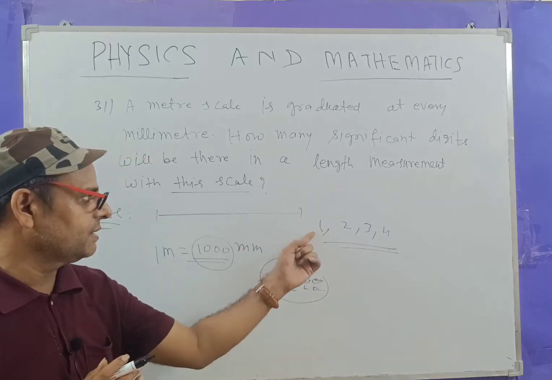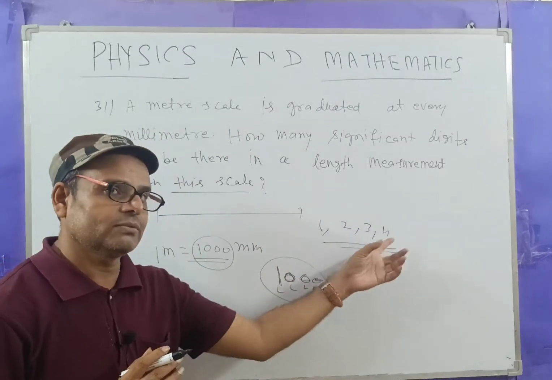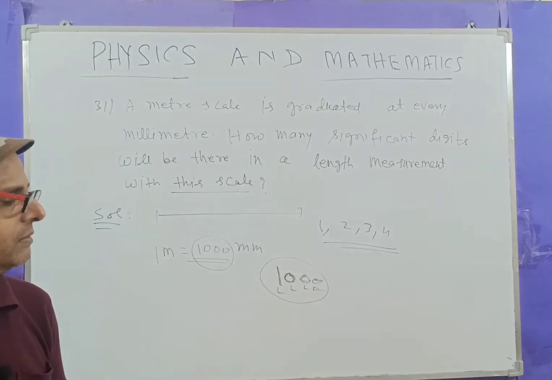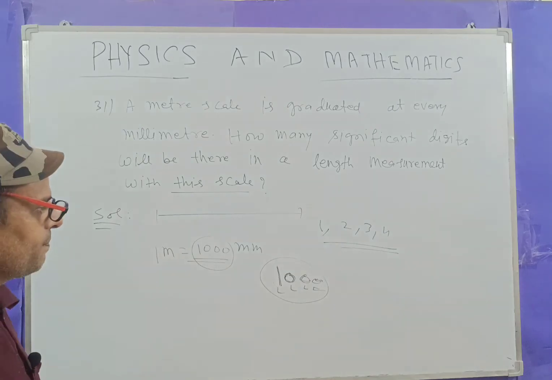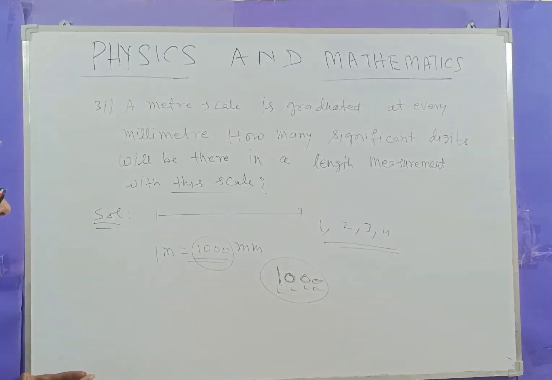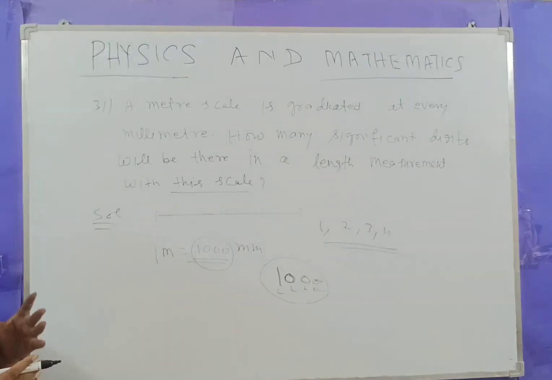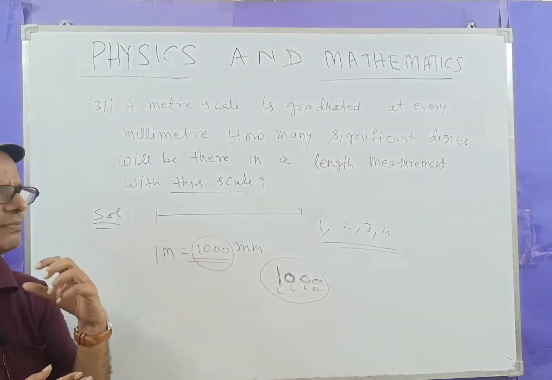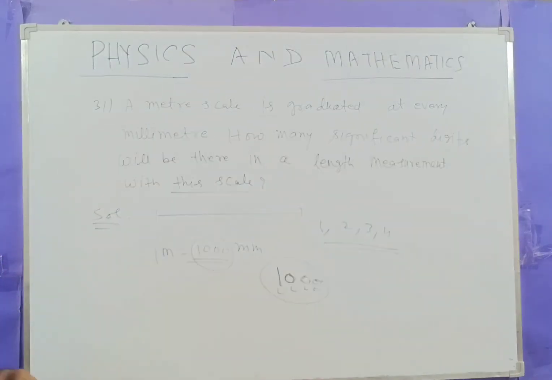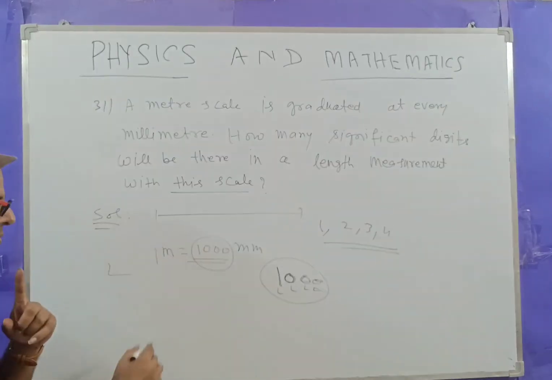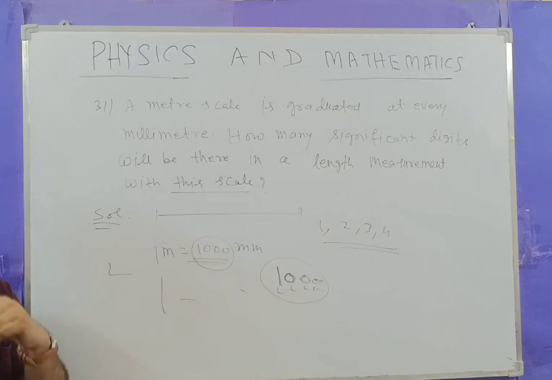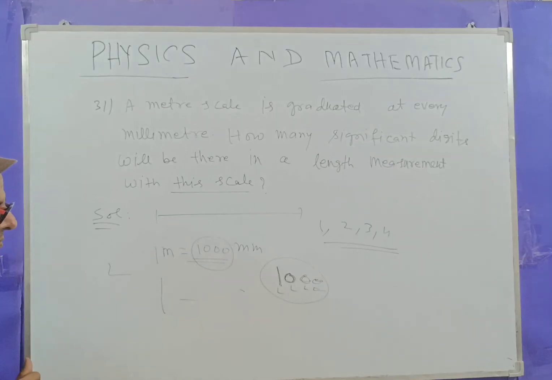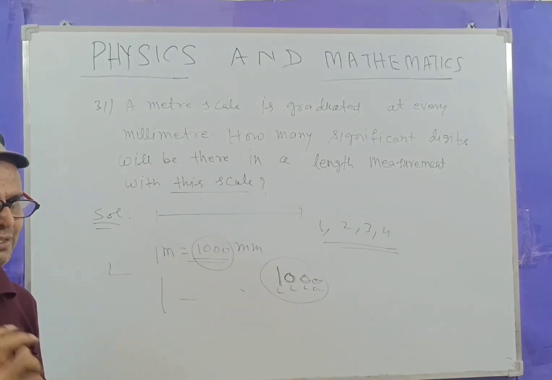So the answer is 1 or 2 or 3 or 4 significant digits. The 4 places can occupy up to 4 significant digits.